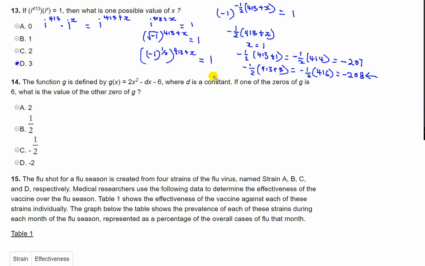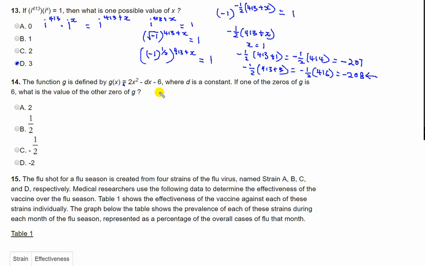Okay, that means he's saying with this quadratic equation, if one of the zeros of g is 6, it means that when x is 6, the function becomes 0.